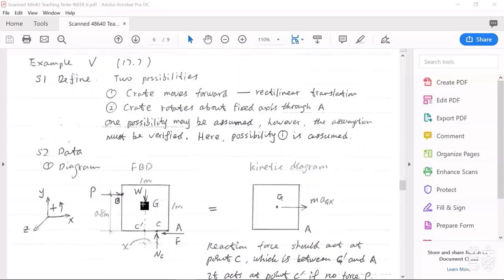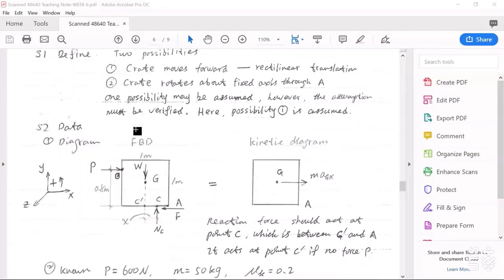So firstly, we need to assume one possibility, then do our calculation, and finally use the final answer to verify our assumption. Here we assume possibility 1, rectilinear translation.